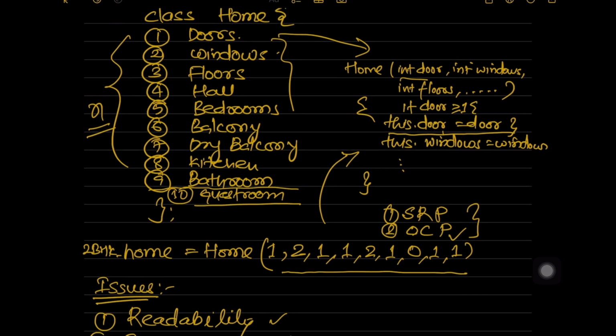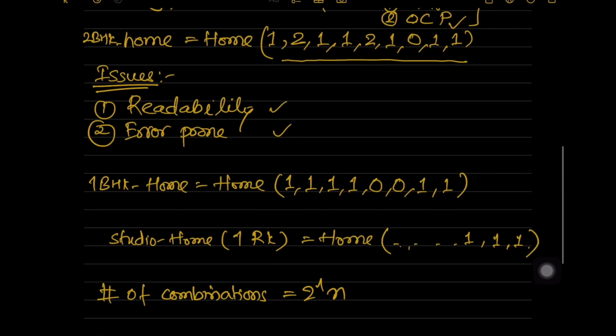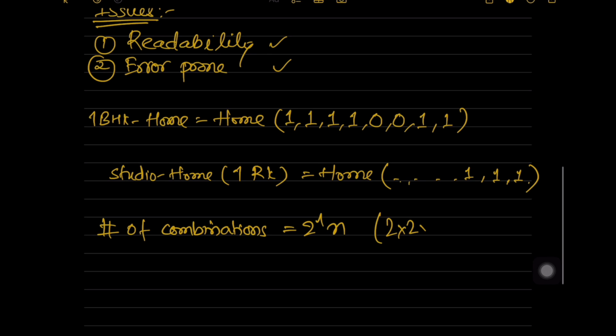There are two possibilities for each parameter, and there are n such parameters, so it will be 2 into 2 into 2, n number of times. That gives you 2 to the power n combinations.